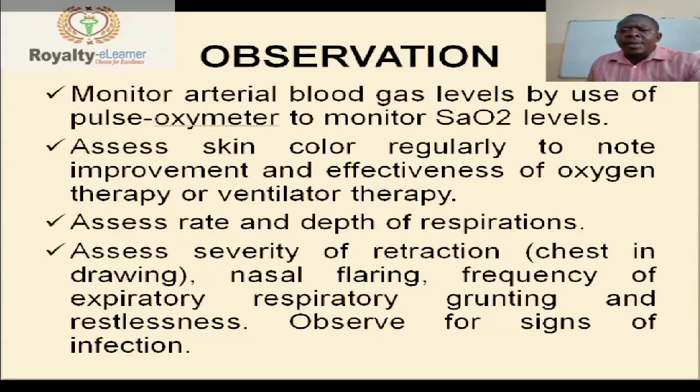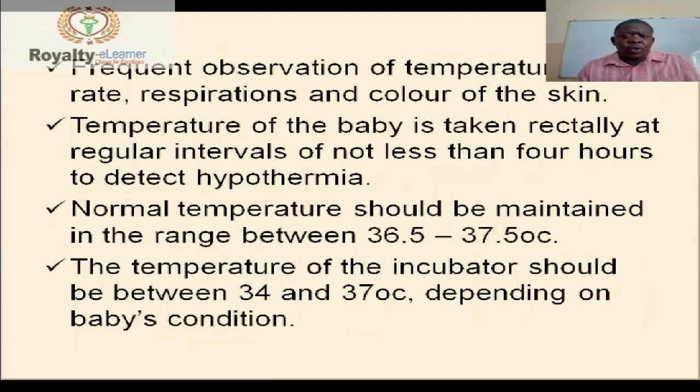You can assess severity of retraction, that is chest indrawing, nasal flaring, frequency of respiratory grunting, and restlessness. You can observe for signs of infections too. Frequent observations of temperature, heart rate, respiration, and color of the skin are very important in this patient.